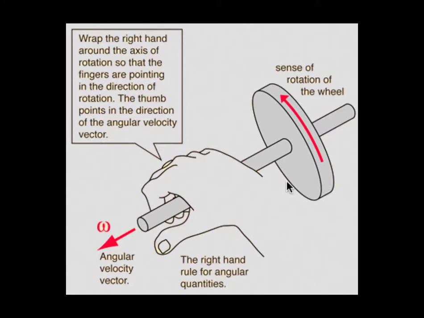This cartoon describes the same convention in a different way. The fingers of the right hand indicate the sense of rotation of the wheel, and the thumb of the right hand indicates the direction of the angular velocity vector. Let us return to our discussion of the ball circulating in the vertical plane.